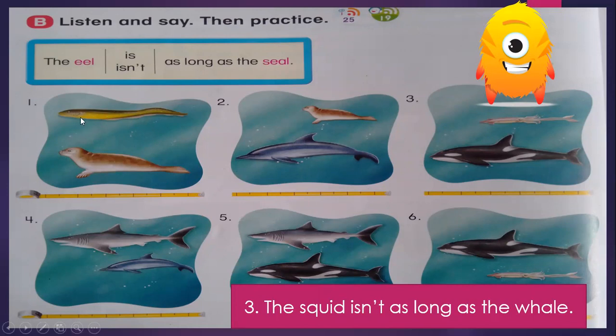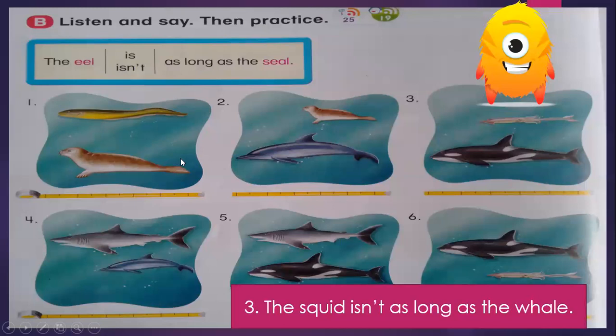In the first one, here we have the eel. And in the second one, in number 1, here we have seal. And we say, the eel is as long as the seal.